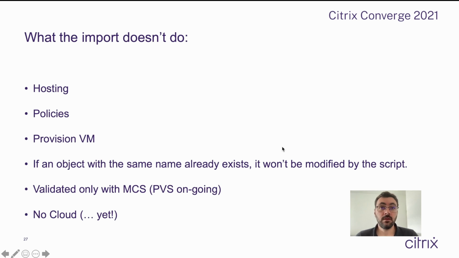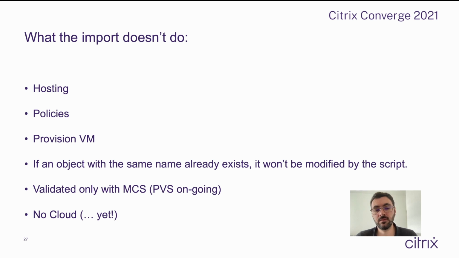Now we have done the import. Let's check what the import doesn't do. As you can see, it doesn't do hosting and it doesn't export policies yet because I think they are pretty easy to export and re-import in a new site.